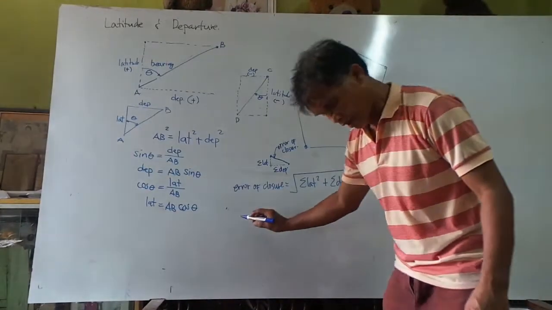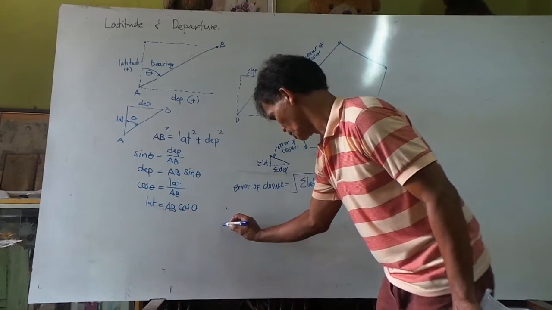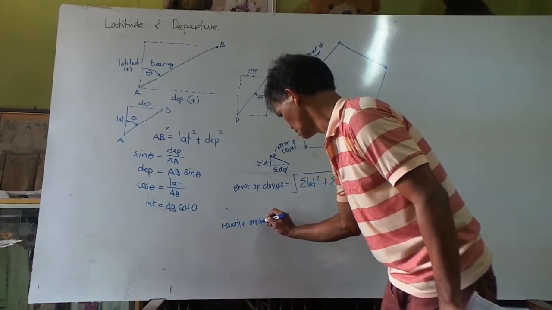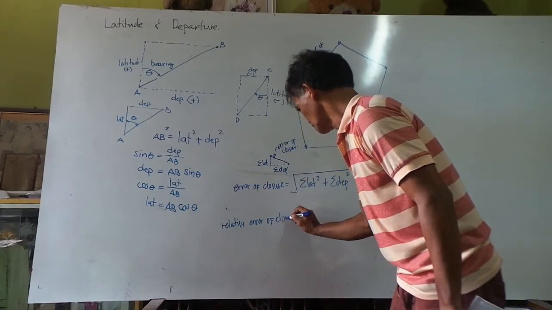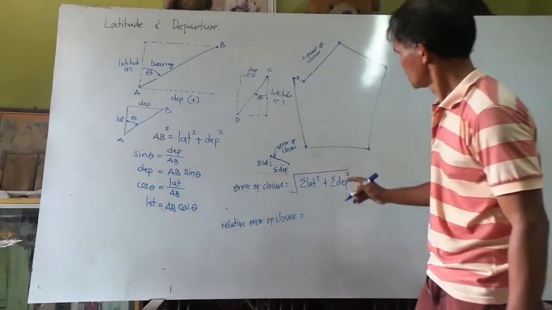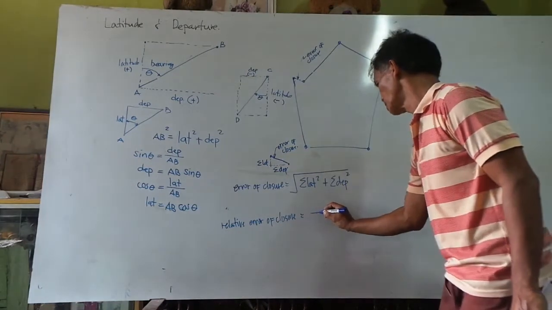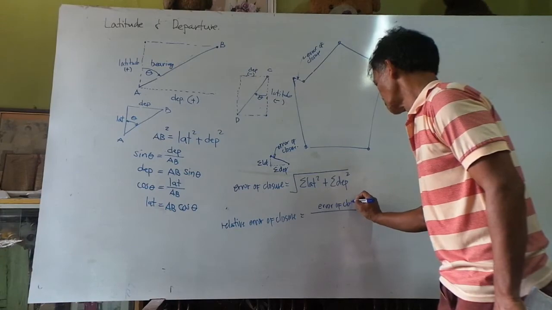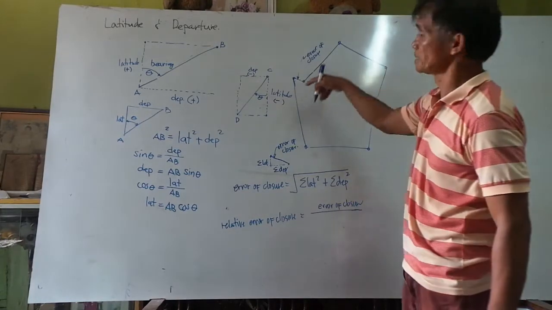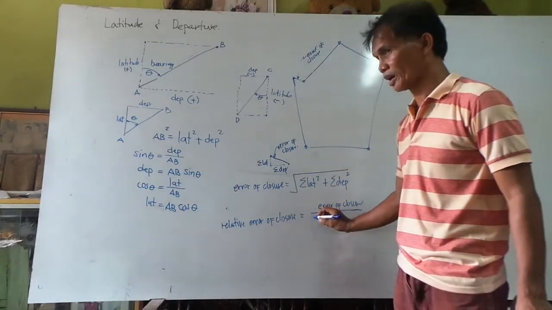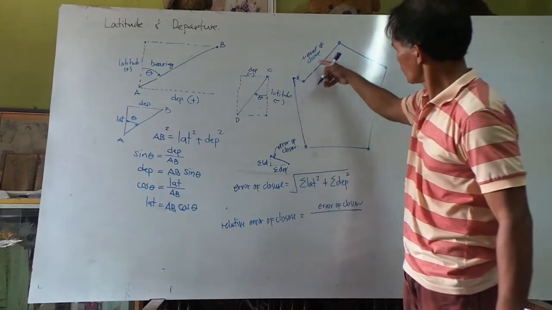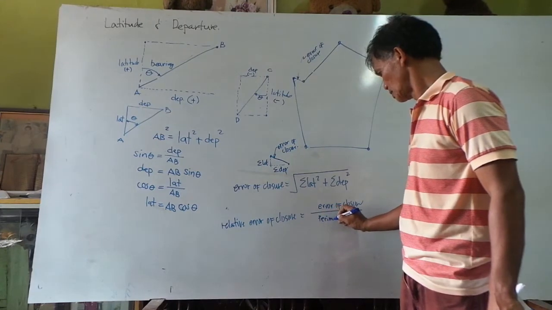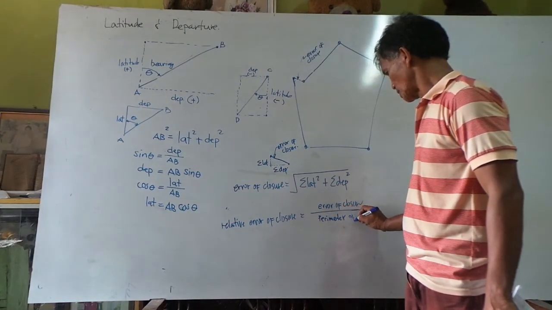Then we also have the relative error of closure, which is equivalent to the error of closure over the perimeter, over the summation of all the lines or the perimeter of the traverse.